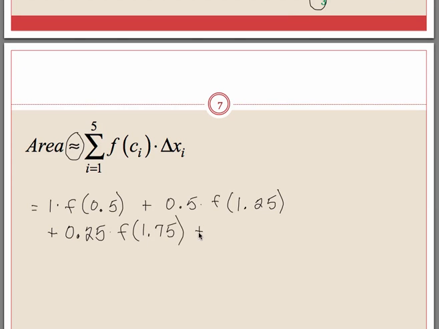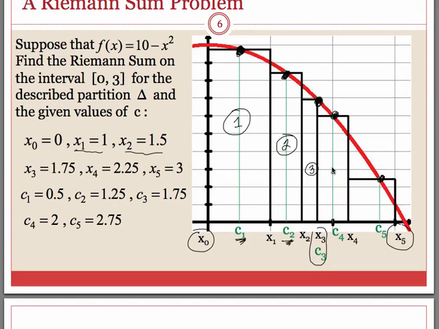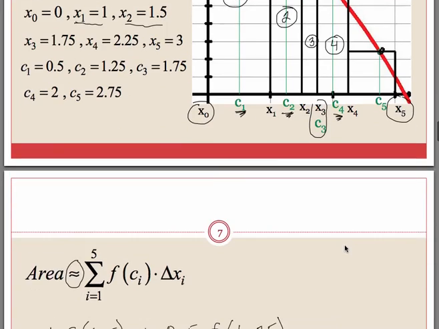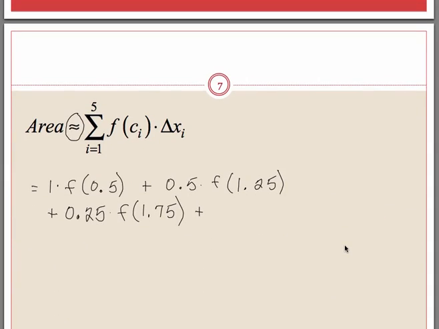Two more rectangles to go. So the fourth rectangle goes from x3 to x4. That has a width of 1/2 because x3 is 1.75, x4 is 2.25, so that's a width of 1/2. And then the height of that we're getting from the C4 value, which is going to be 2. So we'll substitute 2 into the function.